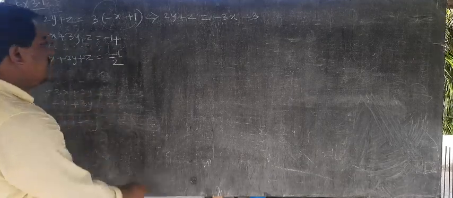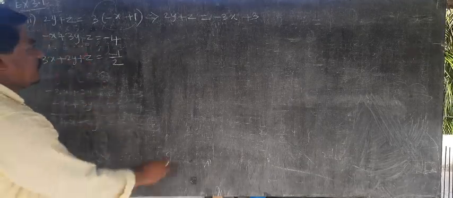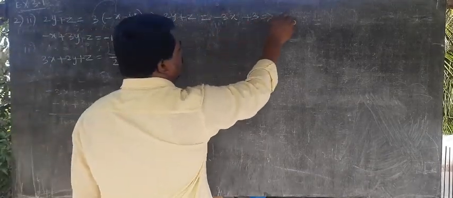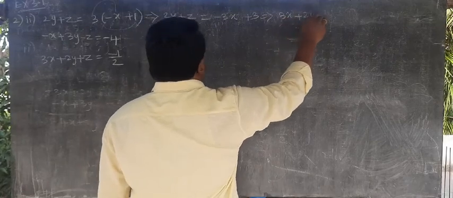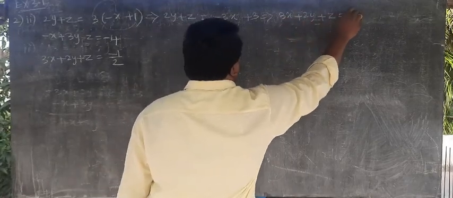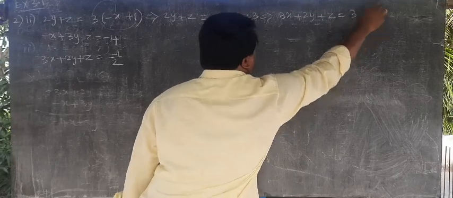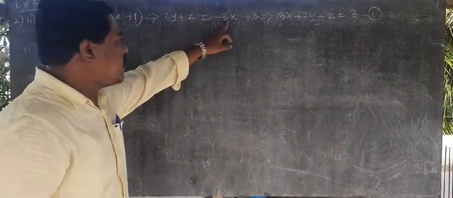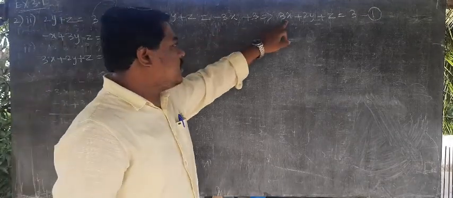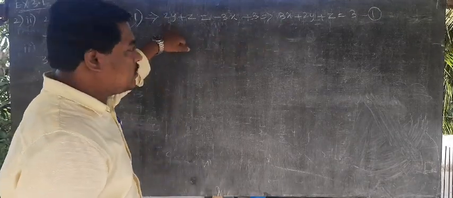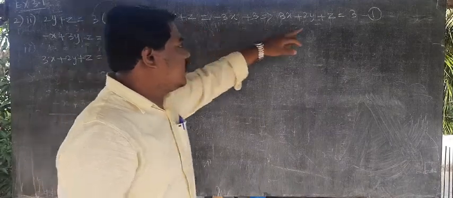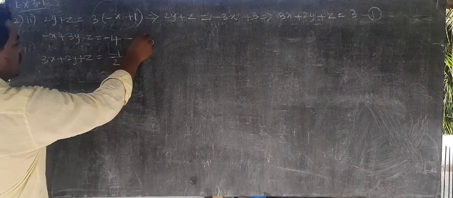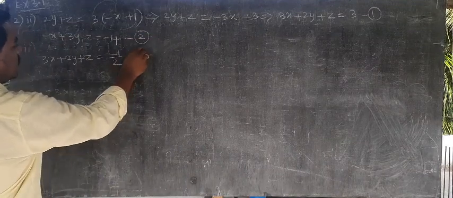This minus 3x we take to this side means plus 3x. So 3x plus 2y plus z equal to 3. Already we have plus 2y and plus z equal to 3. That is equation number 1. This is number 2. This one is number 3.